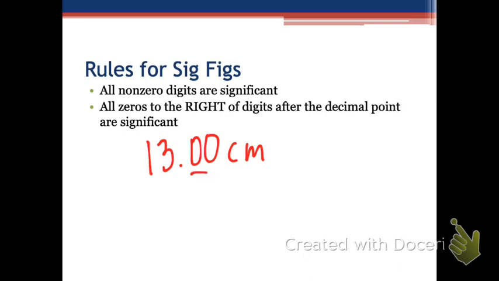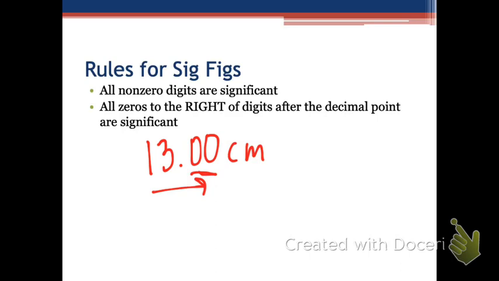These zeros are to the right of digits, and they're after the decimal point. What they tell us is that we think it's exactly 13.00.